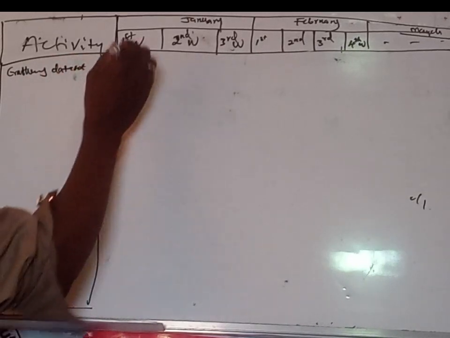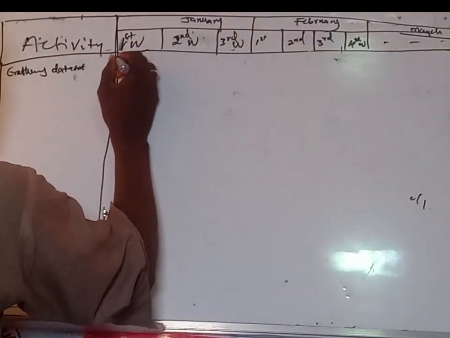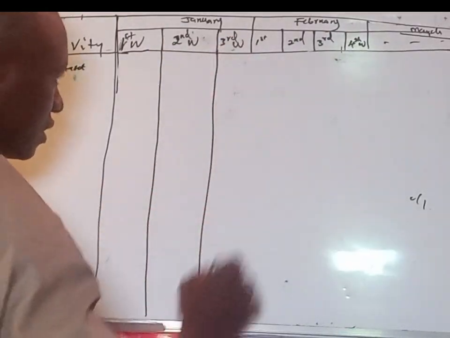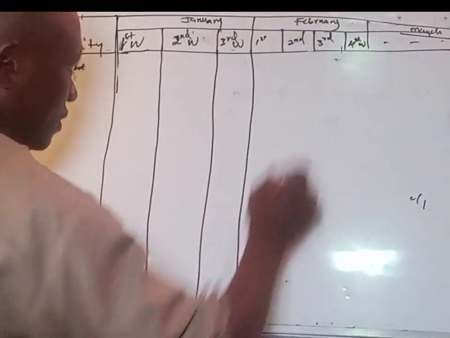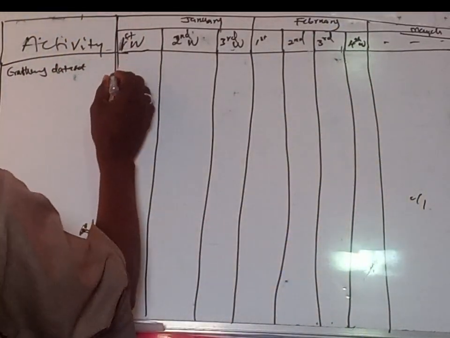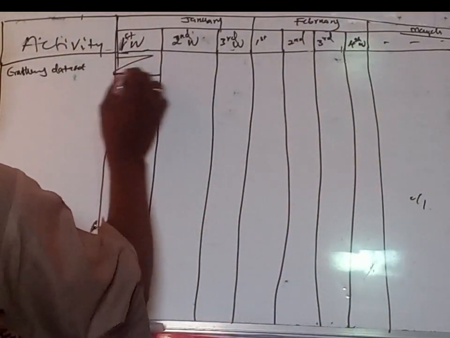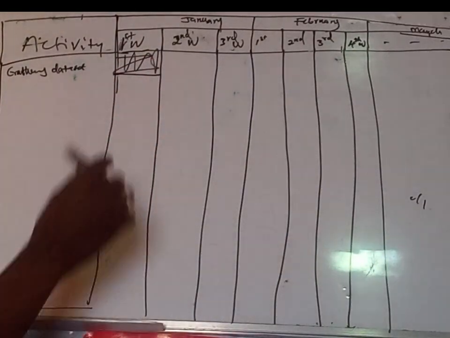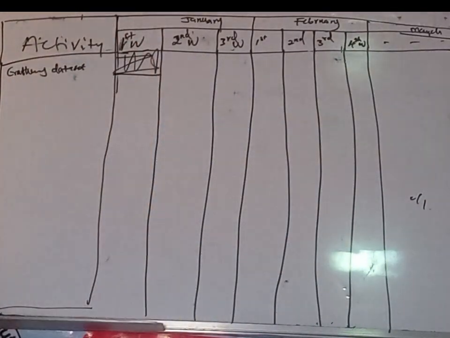Data set is going to be in the first week. Now we are going to have this, and what have you. So it's going to be on first week. Let's assume this thing is going to be blank. We are going to give it a color and write whatsoever you want to write here, or you just leave it like that.